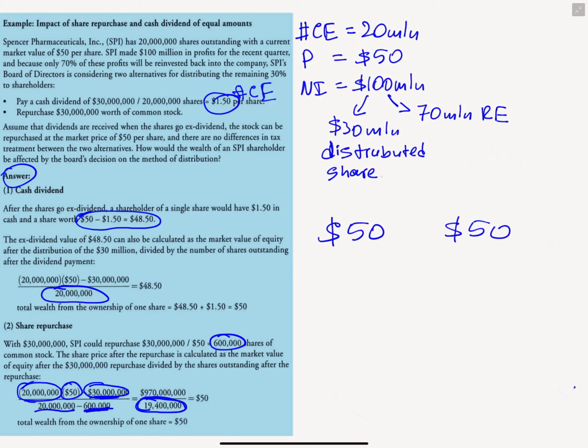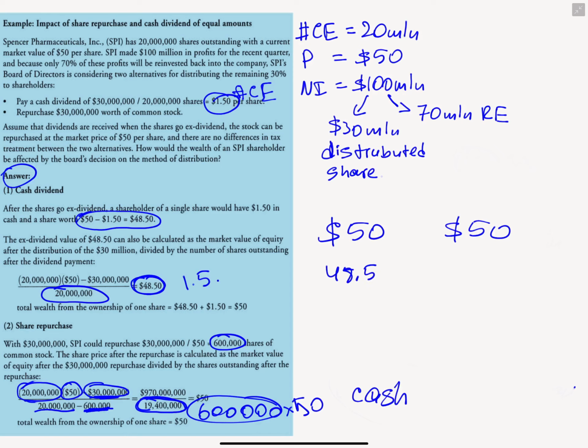Там вы просто получили в карман 1.5, и у вас в компании есть. А здесь в кармане получали они, те 600 тысяч акций, каждый по $50, и они полностью свои акции, кэш унесли с собой. До этого было 48,5 плюс 1,5, это кэш дивиденд, а здесь они получили $50 и ушли с компании.